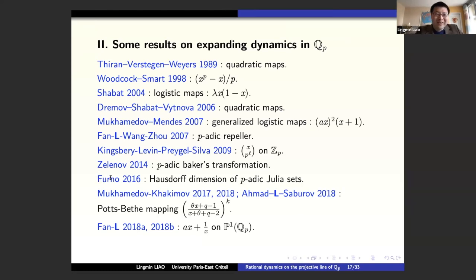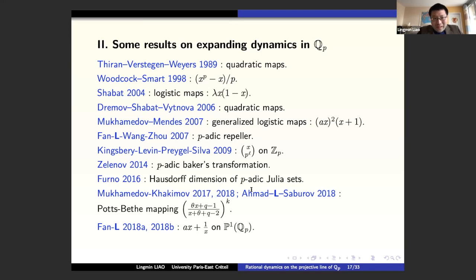Yesterday's speaker, Fourneau, and Kakimov, maybe in 2 days he will speak. And I also study these things with Ahmad, my student, and with Sablov. So this is just a list of many works.